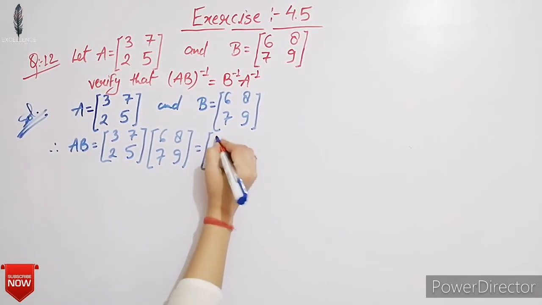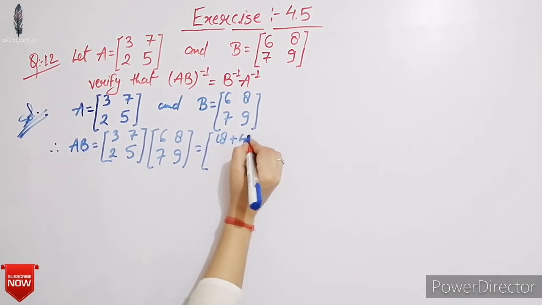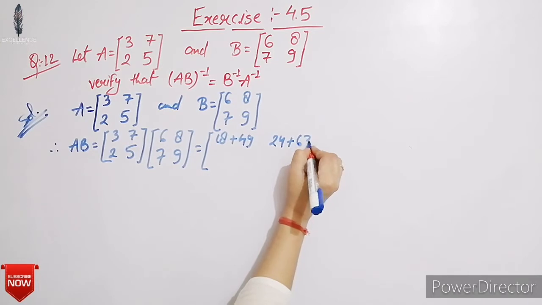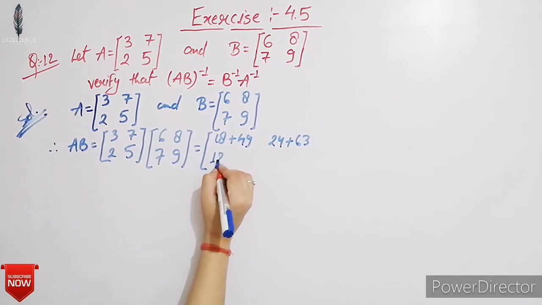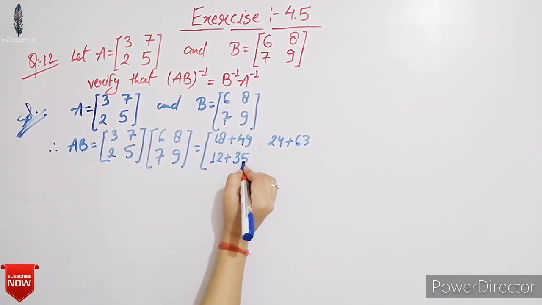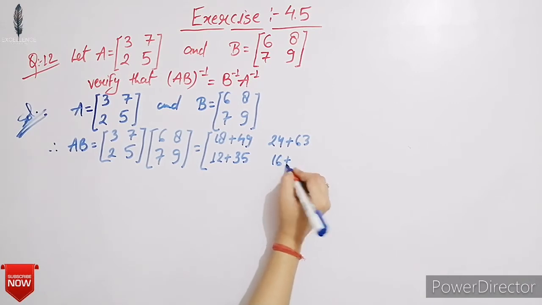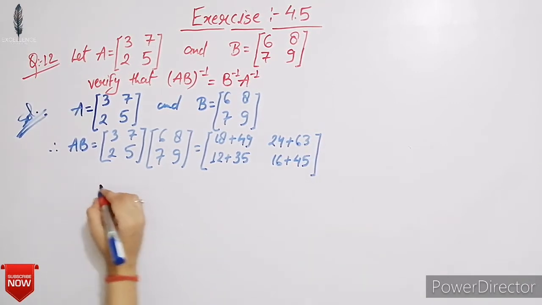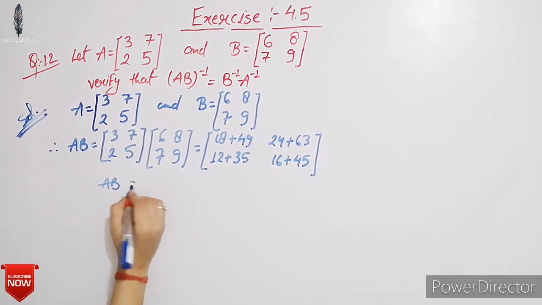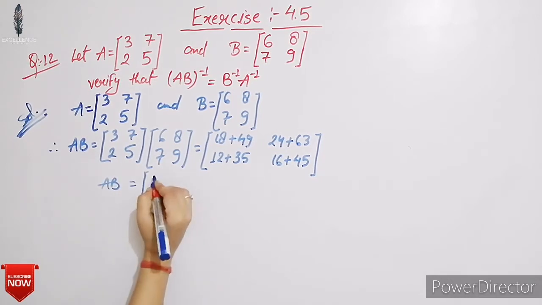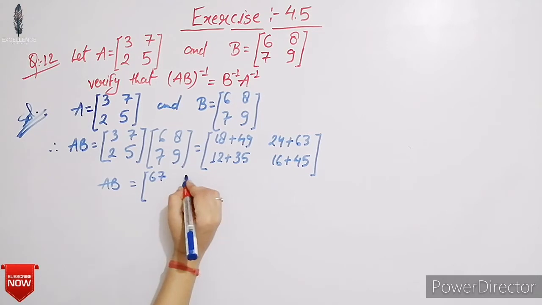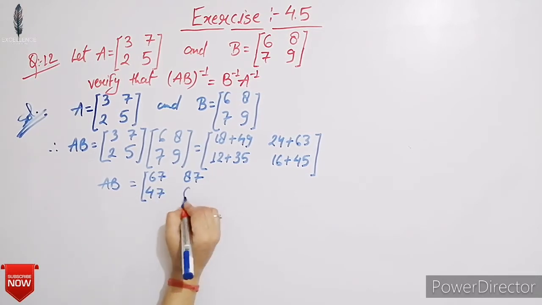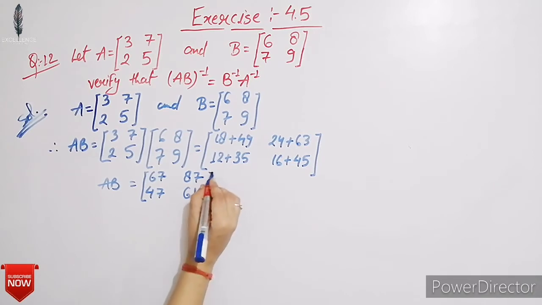On multiplying, we have first row by first column 18 plus 49, first row by second column 24 plus 63, second row by first column 12 plus 35, and second row by second column 16 plus 45. So AB is equal to, on solving, 67, 87, 47, and 61.